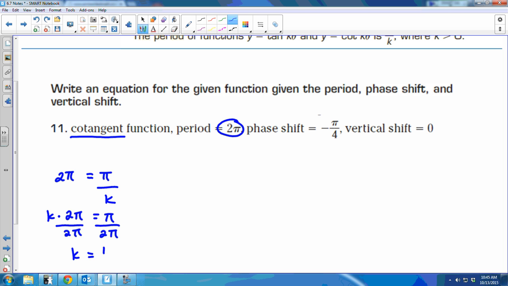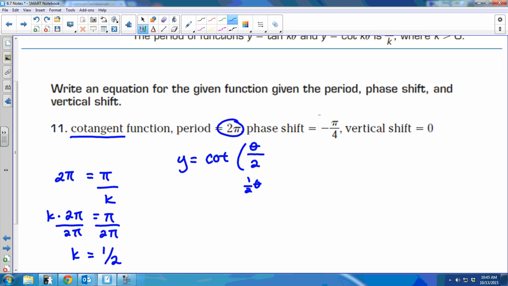So k is 1/2. Is everyone okay with that? So we know we have y equals cotangent of theta over 2, or you can write 1/2 theta, it doesn't matter.